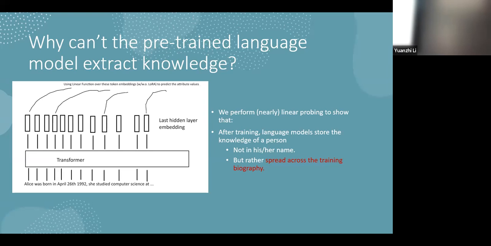So in particular, it could store the knowledge of Alice in this particular token, or in the token embedding of this particular token. And even worse, it could store the knowledge of Alice, like start in this, or store the field of Alice in this particular token, in this studied token.